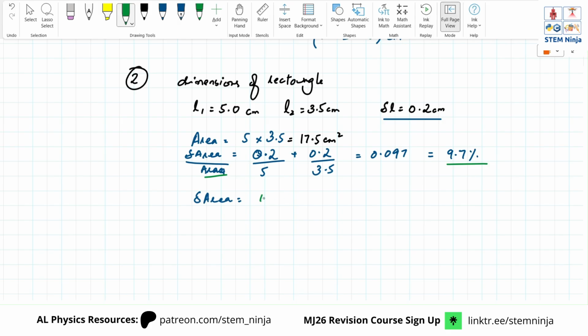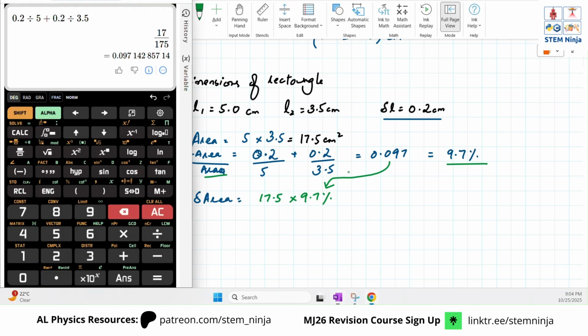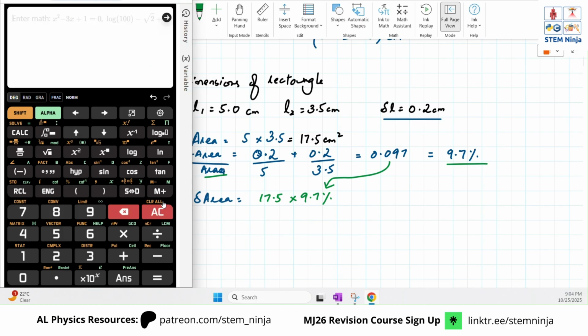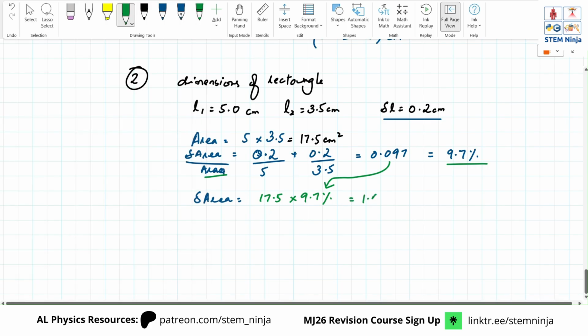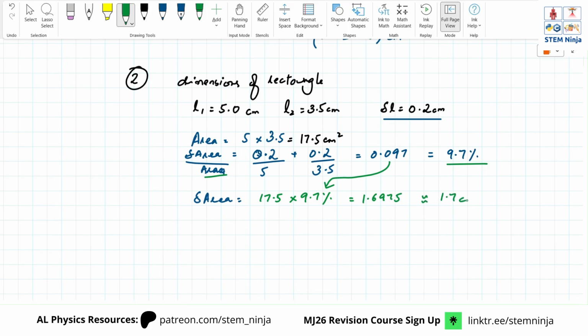So value of area was 17.5 times 9.7%, or instead of 9.7%, you can use 0.097 also. 9.7% times 17.5, you get 1.6975, which you can round to 1.7 centimeters squared.